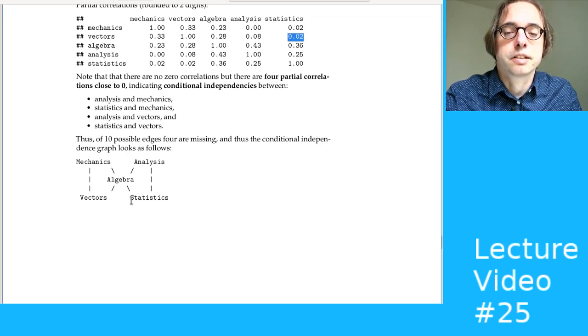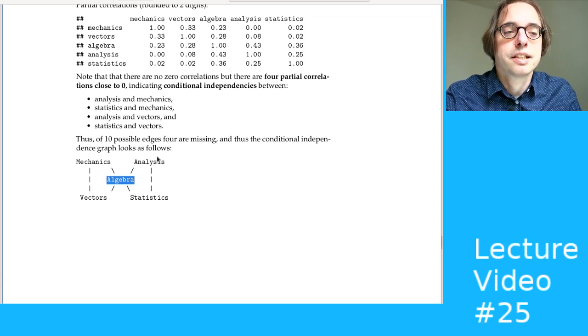You can see that knowledge of algebra is linked to all of these other subjects, but some subjects are not directly connected, for instance statistics and vectors. I don't know what statistics class this was, but definitely in multivariate statistics I would think you would need a lot of vectors and matrices. But this is what the result is for this particular data.